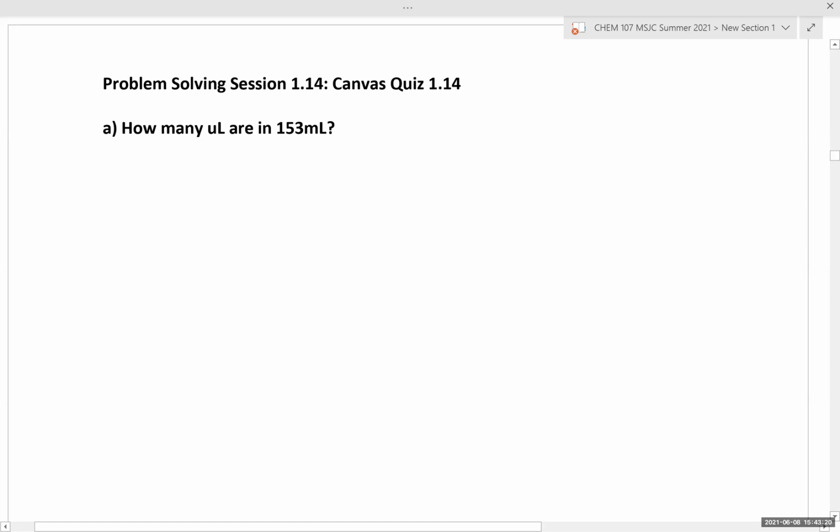So would anyone like to try to share an annotation or their thoughts as they work through this problem? Or does anyone have a question?